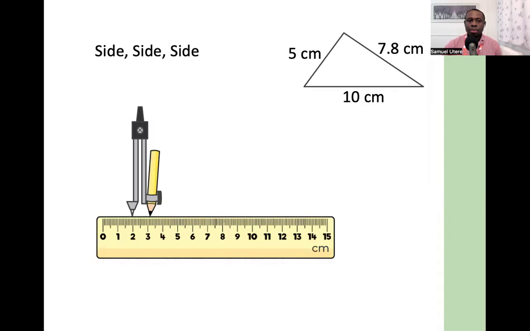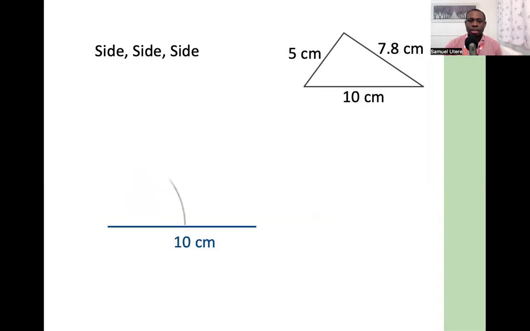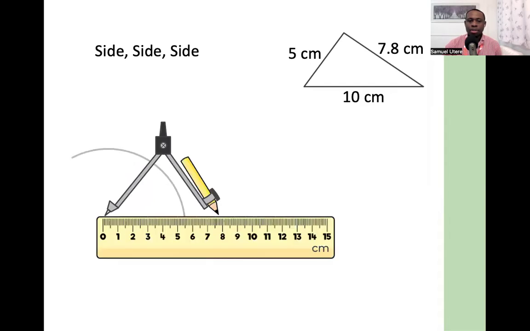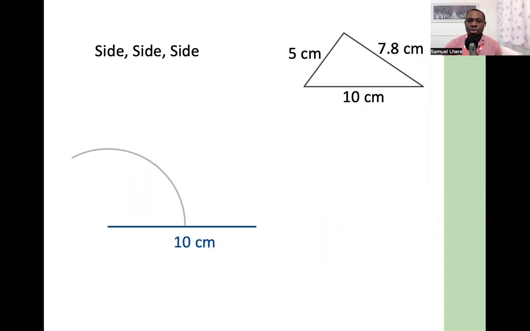Next, we'll take a compass, open the pair of compass to exactly 5 centimeter. Next, we'll position the compass and draw this arc that you see here.